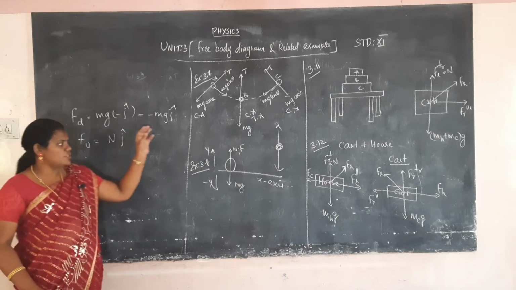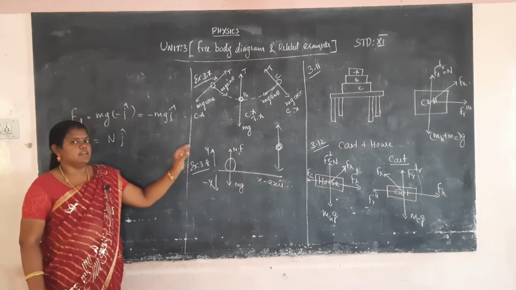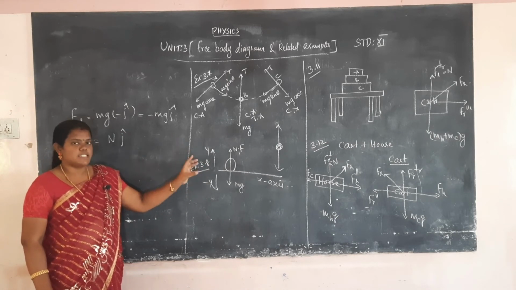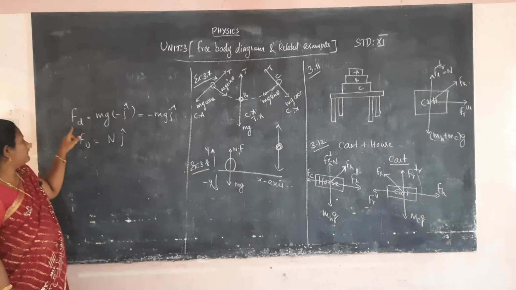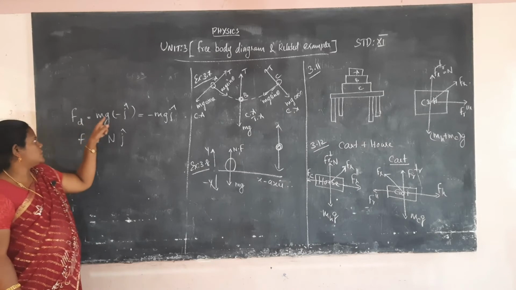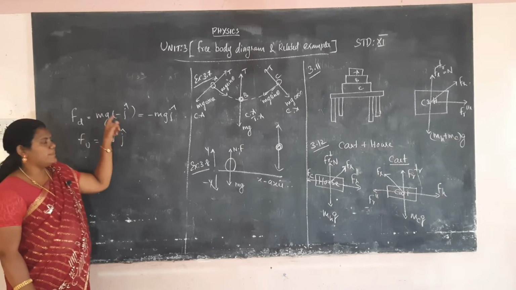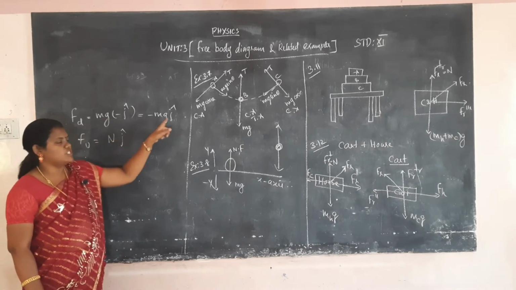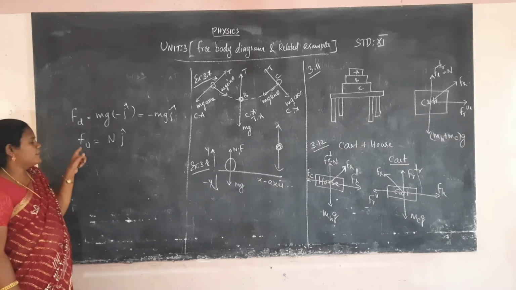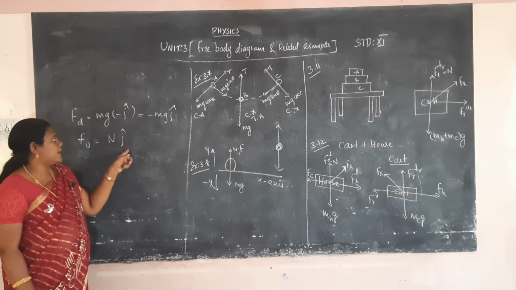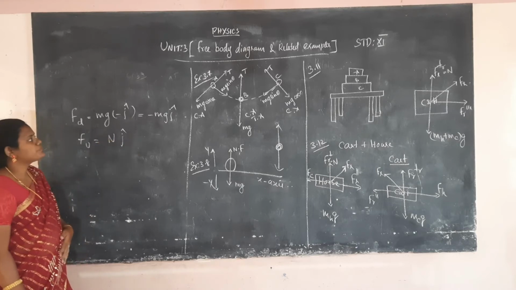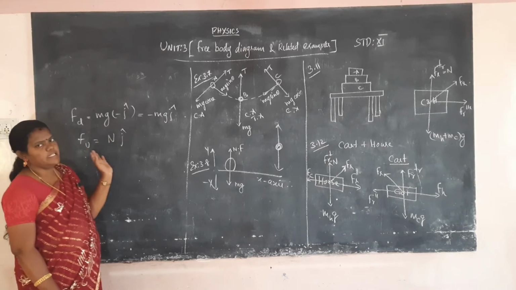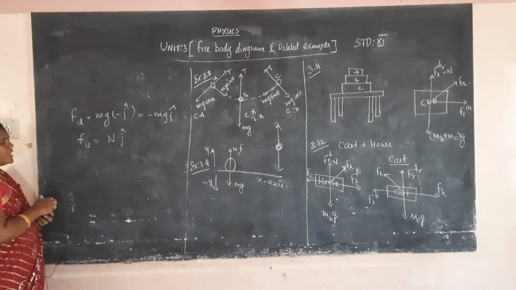In the positive y direction the unit vector is considered positive, and in the negative y direction the unit vector is considered negative. So the downward force is m into g into minus j cap, that is minus mg j cap, and the upward force is normal force into j cap, that is N j cap, okay. Then we have to calculate the net force.